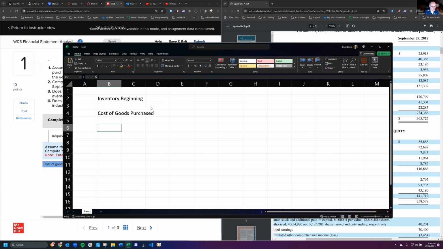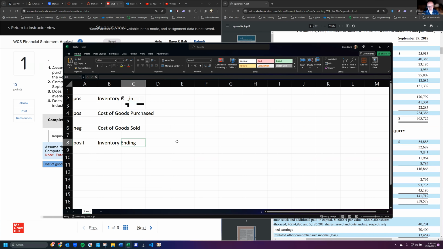Then usually I do cost of goods sold, which is going to be negative. Beginning is positive, and it's going to end up with an ending inventory, which is positive. So what this generally works out to be is beginning inventory plus cost of goods purchased minus cost of goods sold equals the ending inventory.